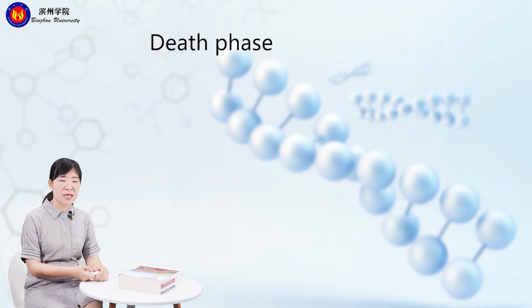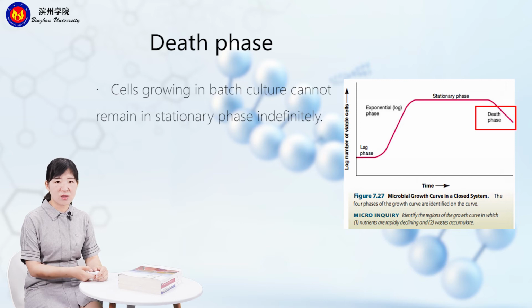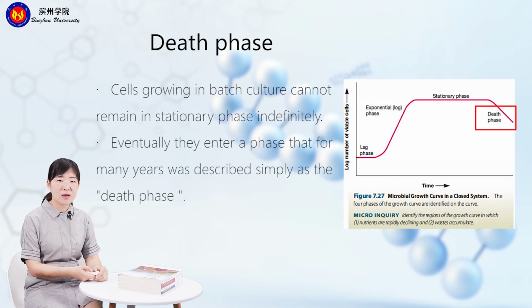The last phase is death phase. Cells growing in batch culture cannot remain in stationary phase indefinitely. You can see the death phase on the picture. Eventually, they enter a phase that for many years was described simply as a death phase.